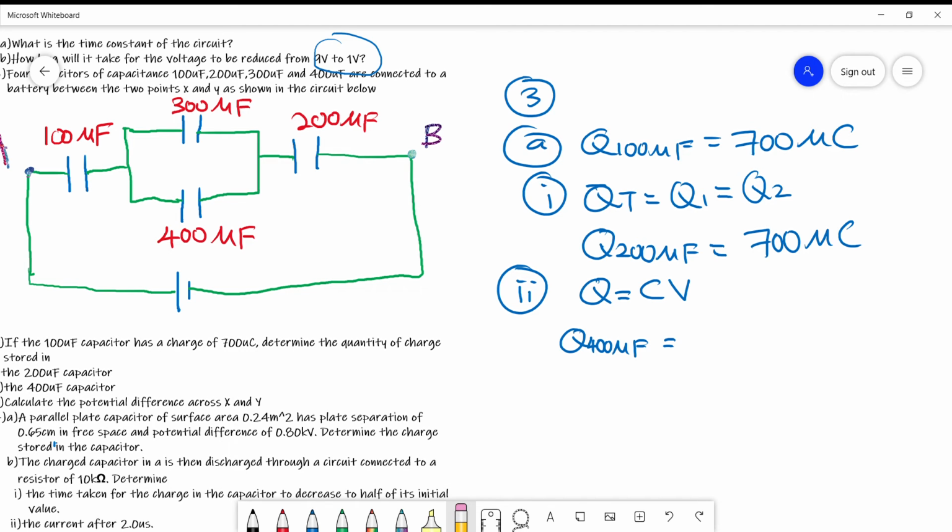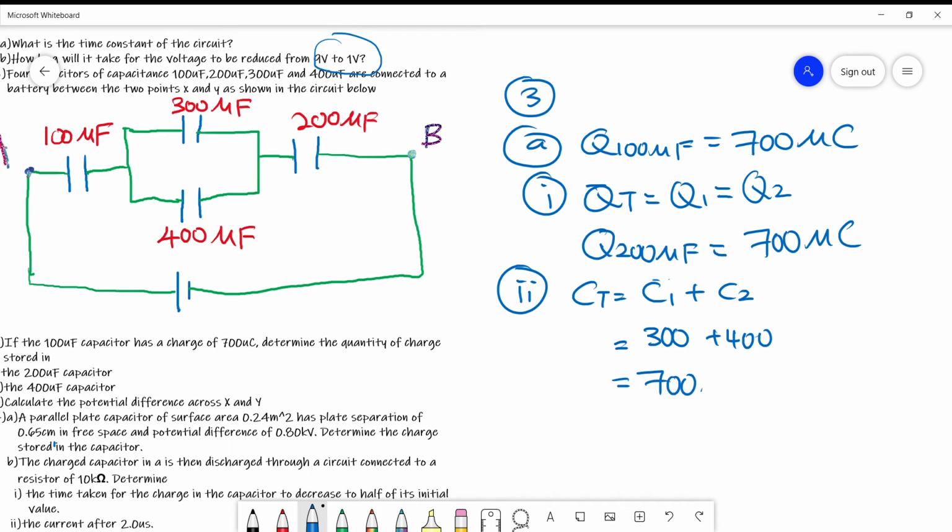Basically we need to find the effective capacitance in this parallel circuit. For parallel capacitance, we know that Ct equals C1 plus C2. So 300 plus 400 is 700 microfarads, so my Ct is 700 microfarads.